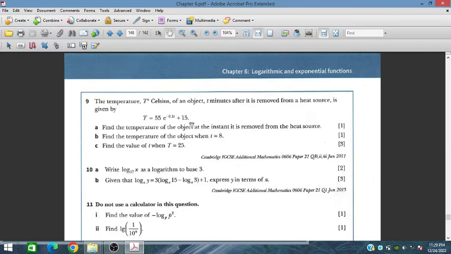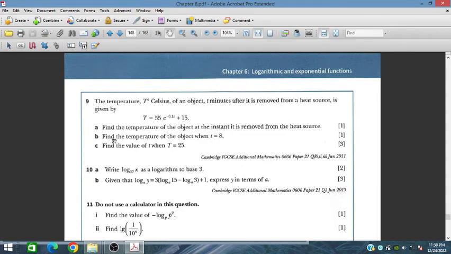Suppose the temperature of an object is being measured, and T minutes after it is removed from a heat source, the heat is raising the temperature, and suddenly it is removed. Find the temperature of the object at the instant it is removed from the heat source. If the object has been removed from the heat source, the temperature will die out or will go down after some time.